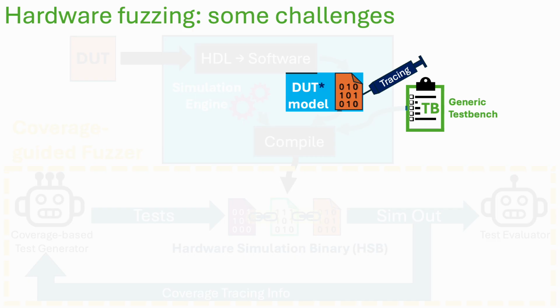So pretty much all designs will interact with some sort of bus because no design really exists in isolation. So they made a very specialized bus transaction grammar and this special generic bus harness that is able to communicate to tons of different IP blocks or designs under test through this bus interface.